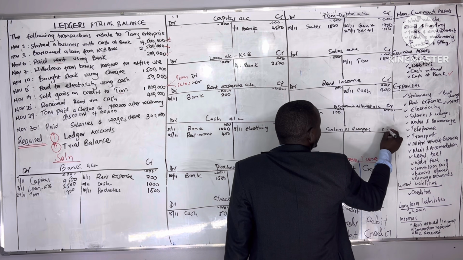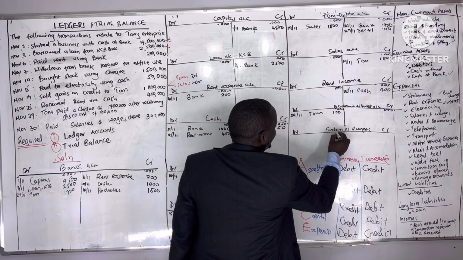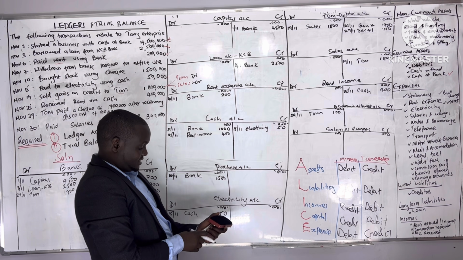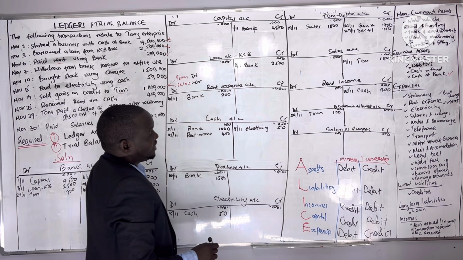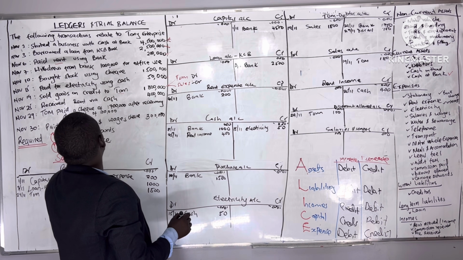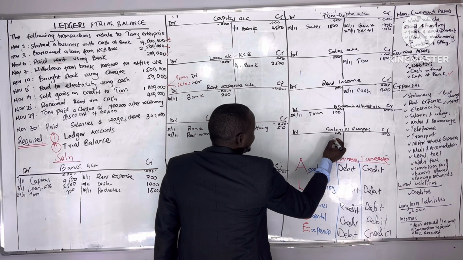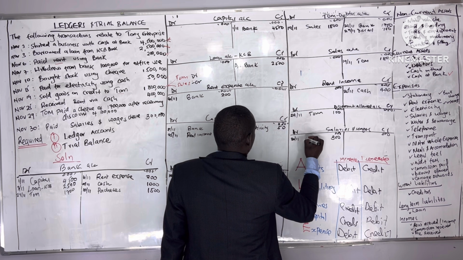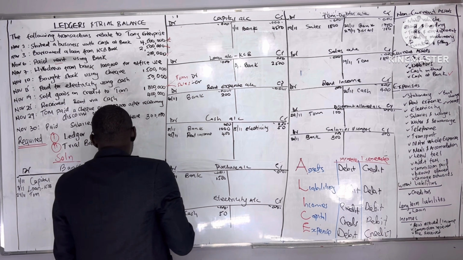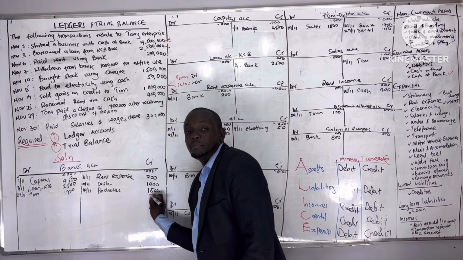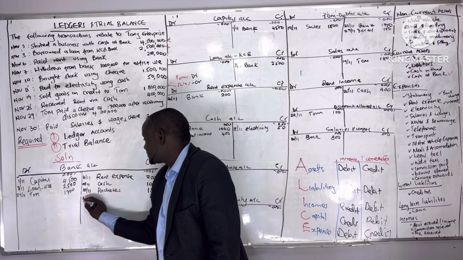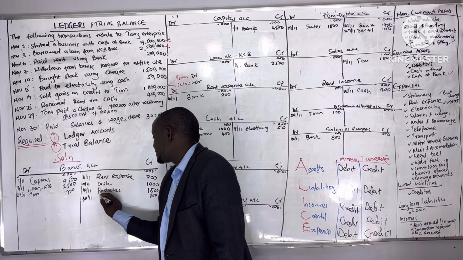The amount we paid is 300, and the date is 30th November. We paid this using bank, so I write bank here. Then I go to the bank account and credit, because the money is reducing. So 300 on the 30th, salaries and wages.